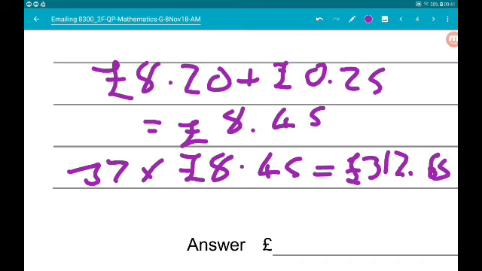So another way we could have done it is just worked out 37 times 25p and just added that on to her original weekly wage. That's just adding 25p for each hour she worked.